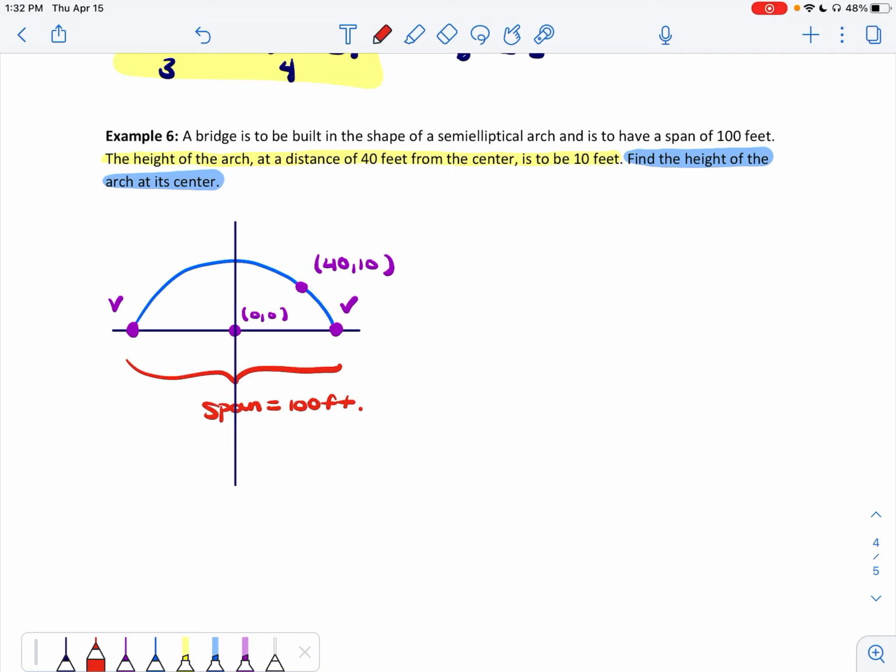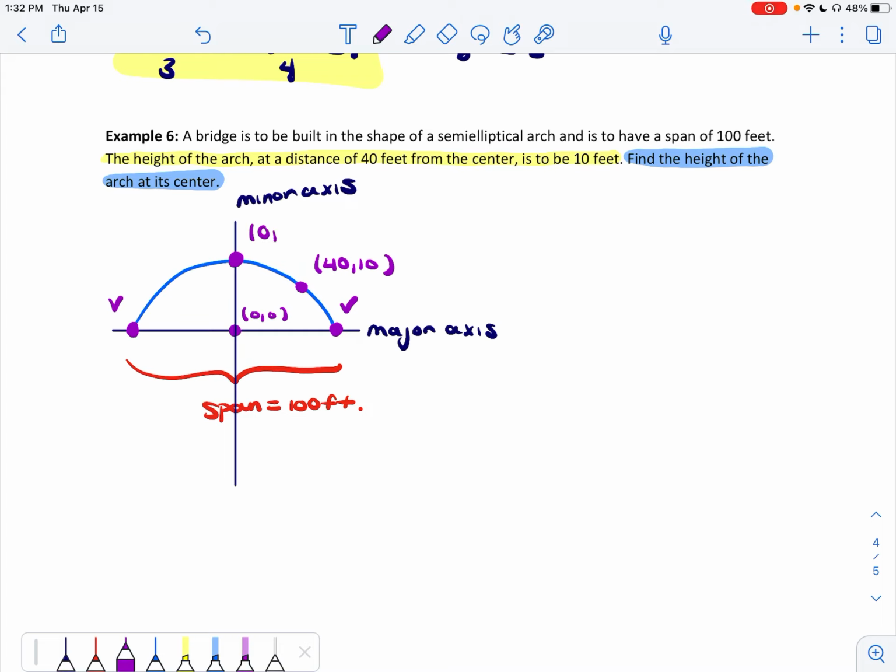So the height of the arch at its center, we would be looking for this piece right here. We're looking for that distance from the center to the top of the arch. So if we're assuming that these guys to the left and the right are the vertices of our ellipse, then this would be our major axis, and this would be our minor axis, which means that what we're really looking for is the b value.